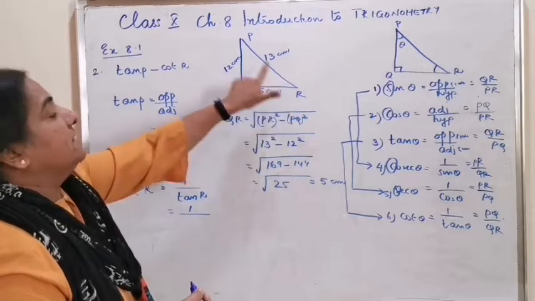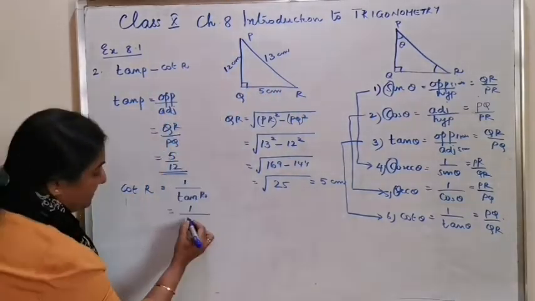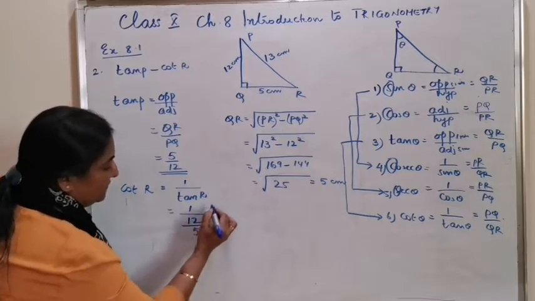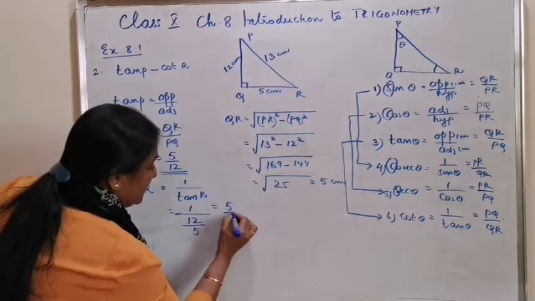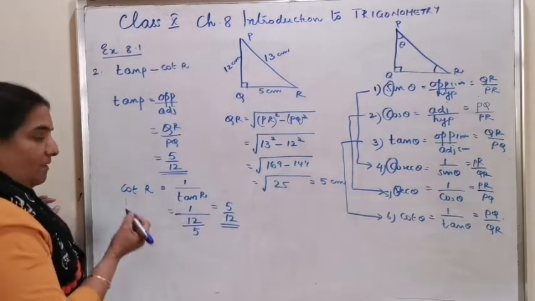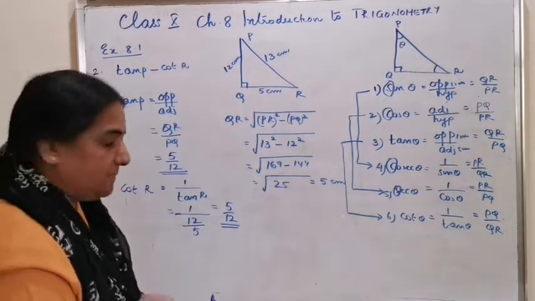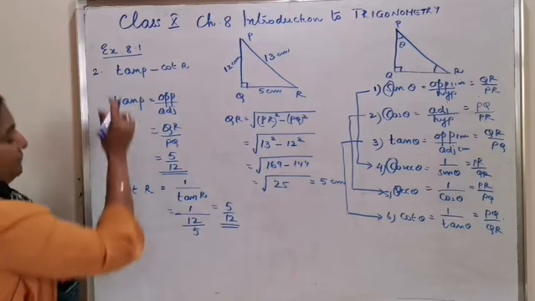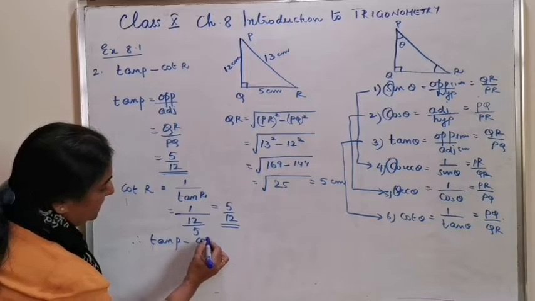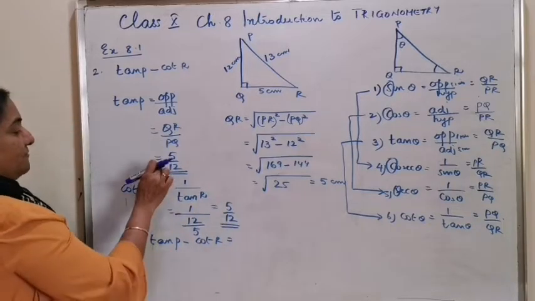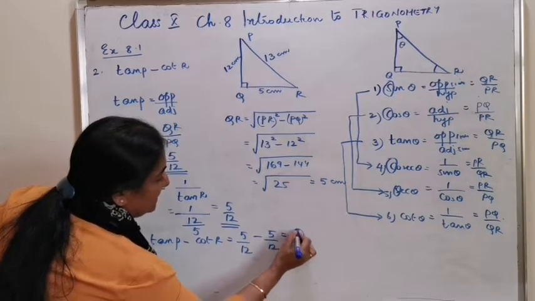Tan R is its opposite side by its adjacent side, that is 12 divided by 5, so 1 by 12 by 5 is 5 by 12. Or you can write first tan R and take its reciprocal. And therefore, tan P minus cot R is equal to 5 by 12 minus 5 by 12, which is equal to 0.